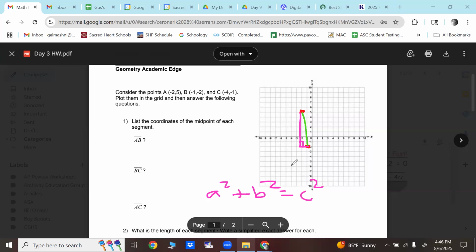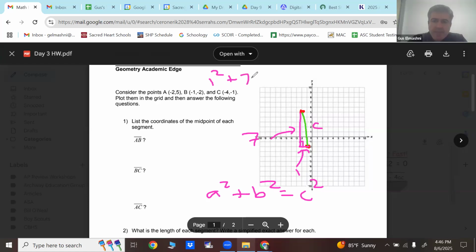So that's one, and you go from negative 2 to 5, that's 7. And that's C. I've kind of forgotten all about this because I haven't really used it in a long time.